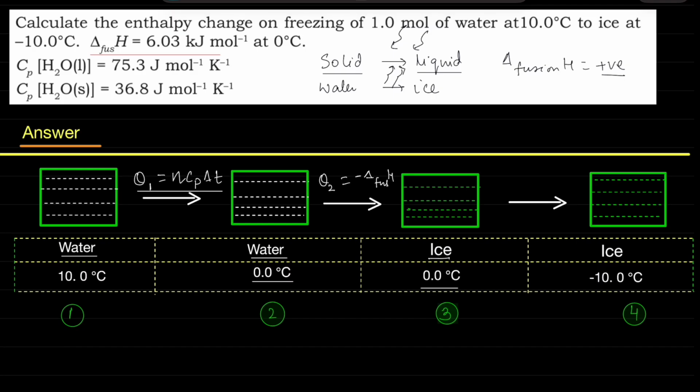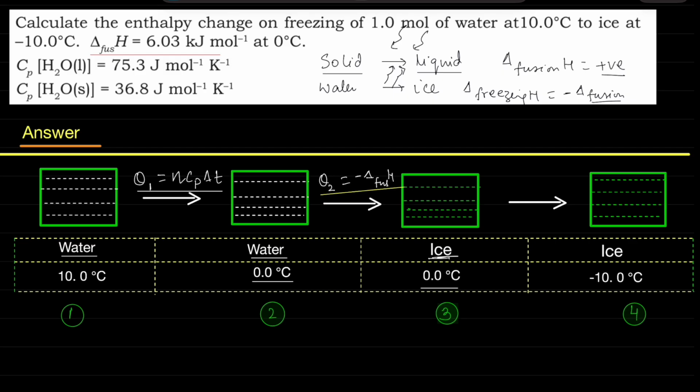Whatever heat is absorbed by solid to liquid, the same amount of heat will be released when water is changing to ice. This is the freezing, this is enthalpy of freezing. So enthalpy of freezing is negative of enthalpy of fusion because it is an exothermic reaction.